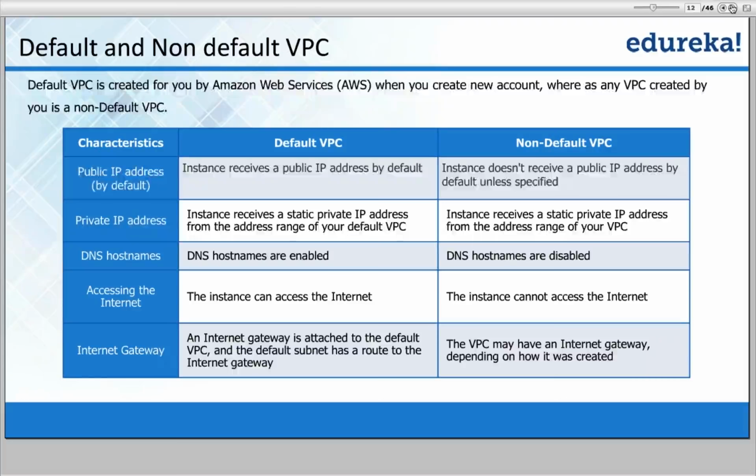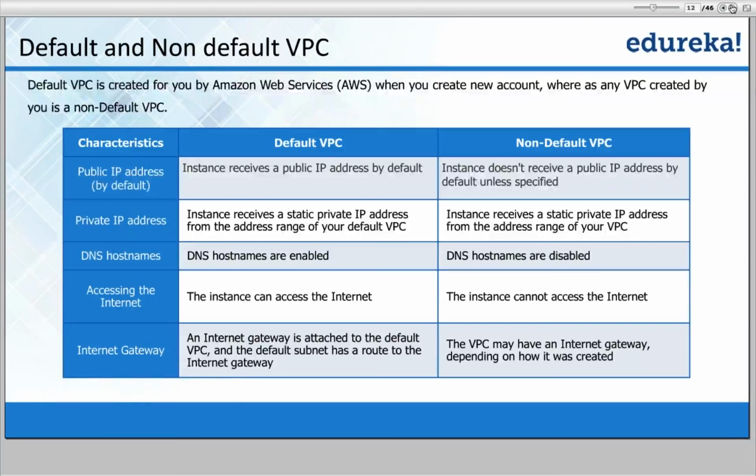The rules are very permissive, they're very open, and therefore you must not use the default VPC for serious stuff. Don't use it for your production environments at all. It's only a convenience.